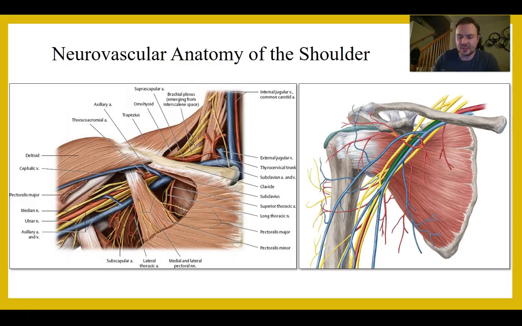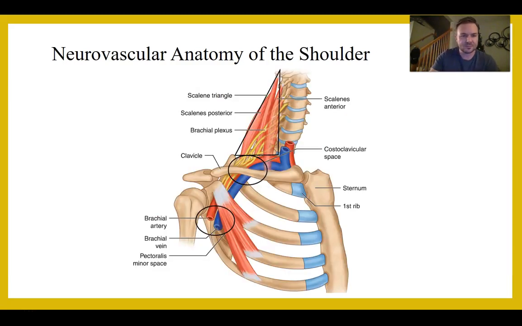You can pause and look at those, but really just notice how these neurovascular structures branch off into various areas, and how something up the chain might affect something down the chain if there was impingement or something of that nature. Here's another picture, and we'll get into what this is in the next slide or two.